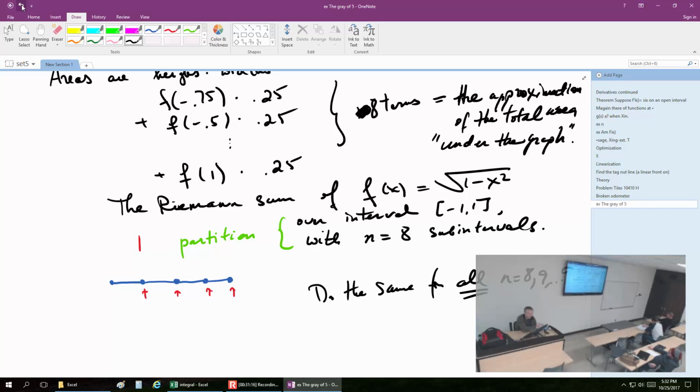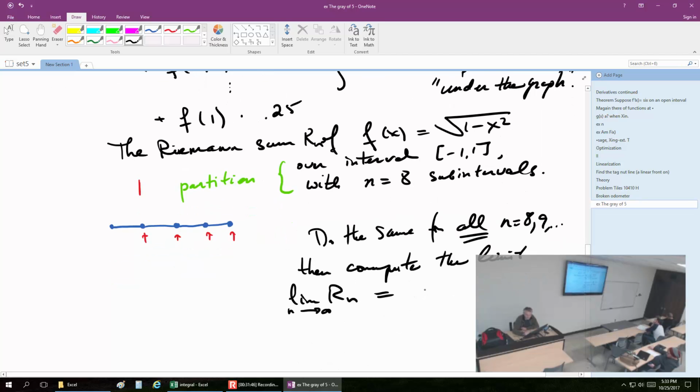You never reach infinity, but if you want to take the limit, you have to have a sequence. So let's say Rn, then compute the limit of the sequence of Riemann sums, limit of Rn with n going to infinity. If the limit exists, it's called the Riemann integral.